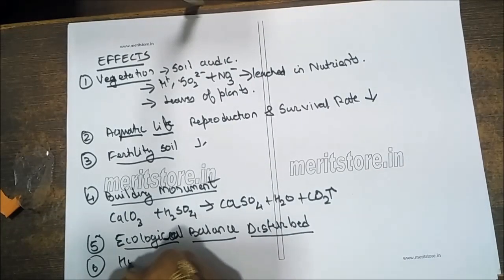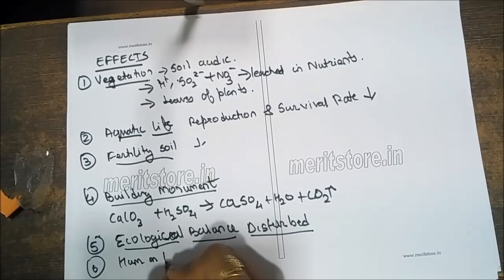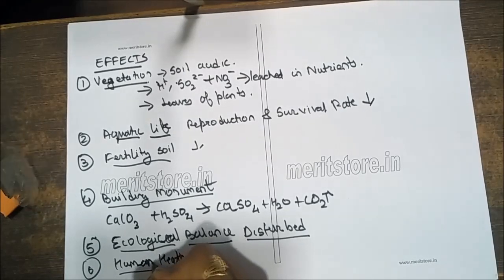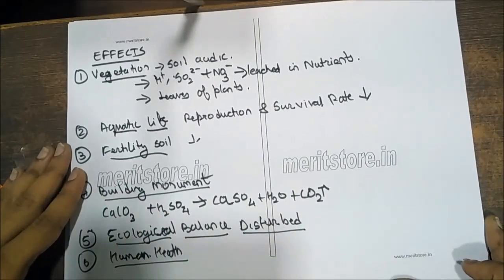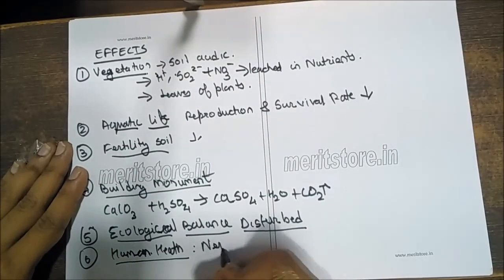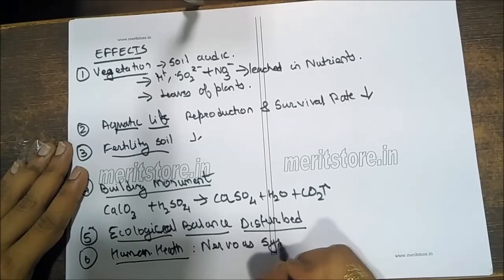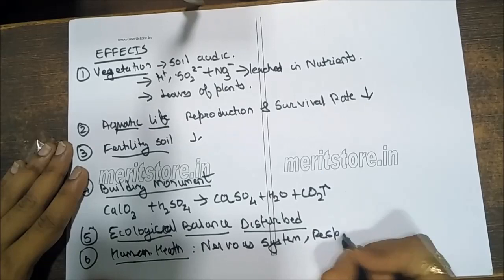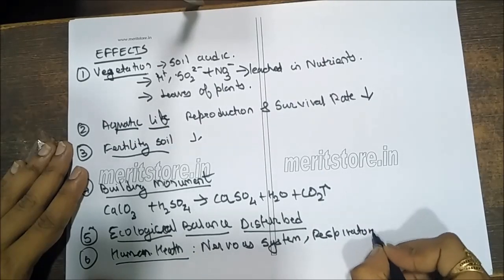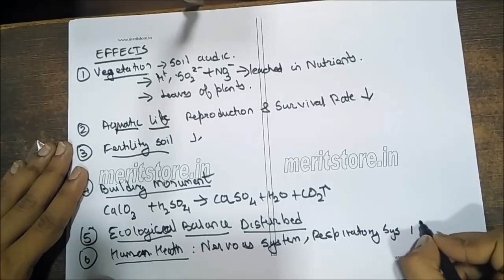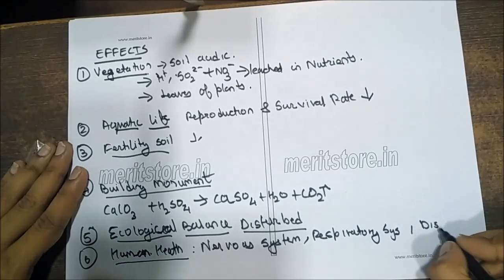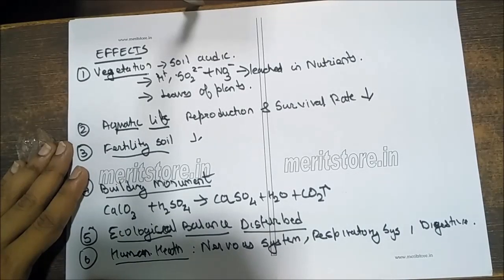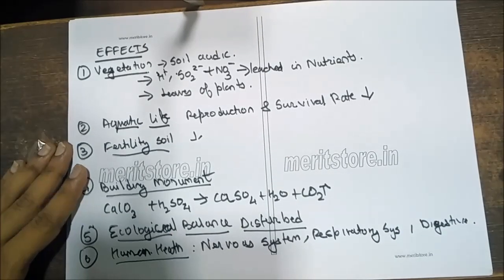And human health: it can severely affect the nervous system, respiratory system and digestive system. So the respiratory system is affected as well as the digestive system. They will even have an effect on the causation of neurological diseases.